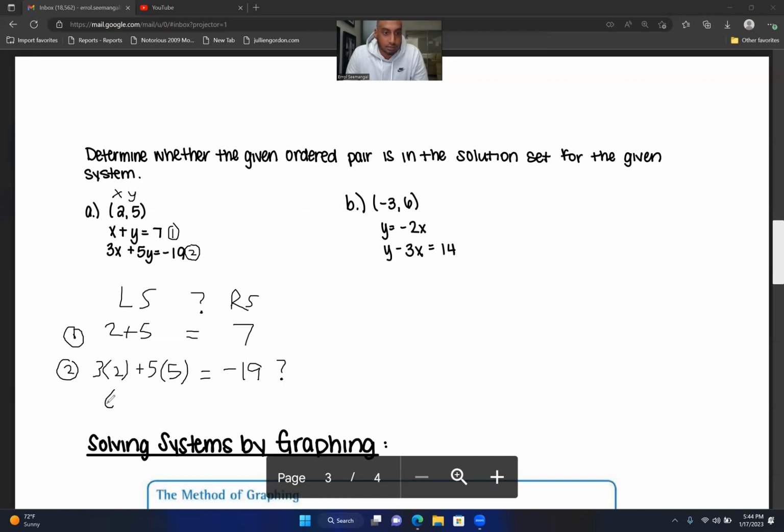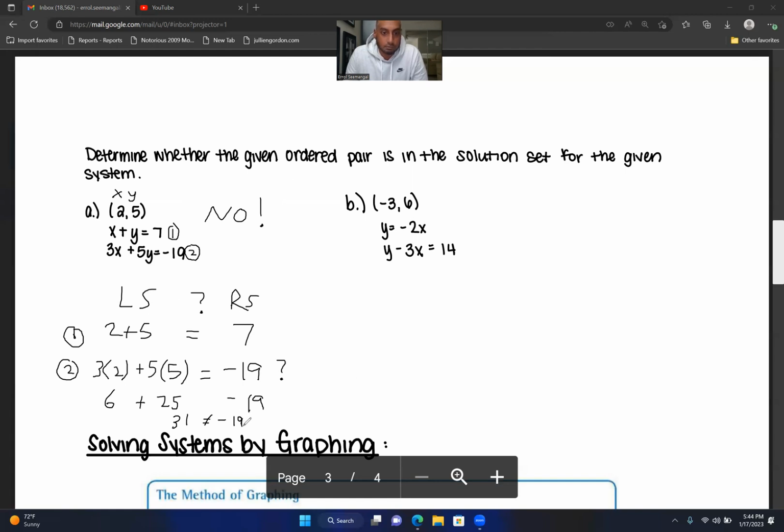This is 6 plus 25, right? 31, right? So then the right side is negative 19. So therefore, is it a solution? No. So this one is a no, because 31 does not equal negative 19.